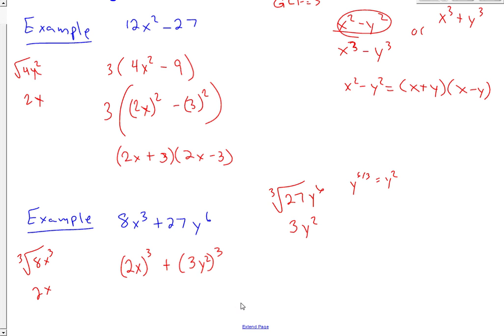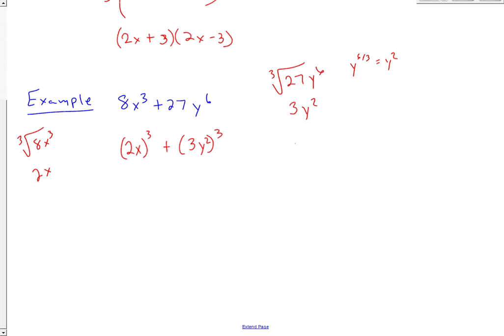And then I'm going to follow the factoring formula for x cubed plus y cubed. And the factoring formula for that is x plus y times x squared minus x times y plus y squared. Okay, so I'm just going to place this in, and anywhere I had an x, I'm going to plug in 2x, and anywhere I had a y in my formula, I'm going to plug in 3y squared.